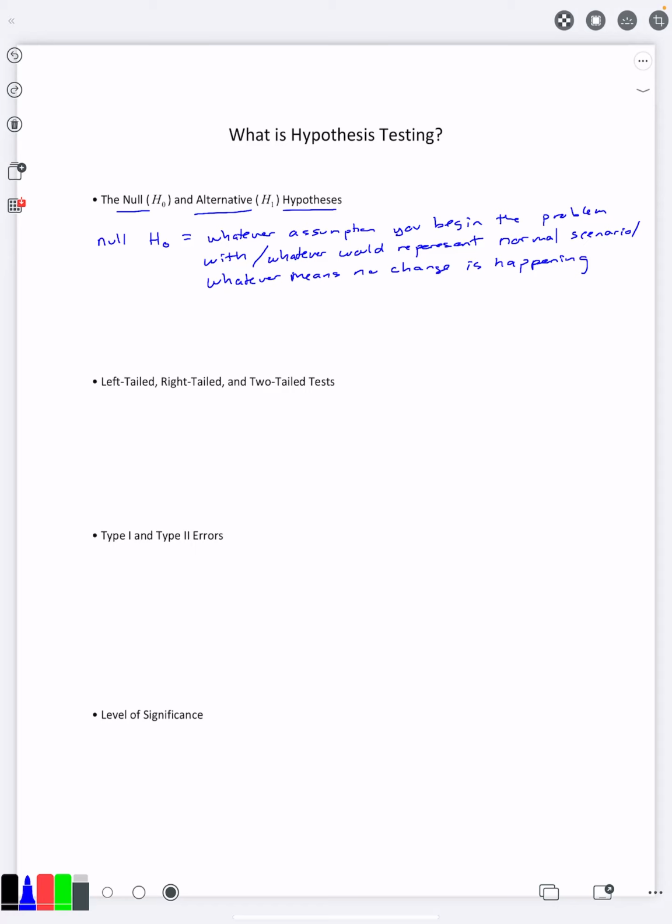It's when nothing's changing. Let's say you want to take a test to see whether you have a disease. Whatever disease you want to talk about, whether it's COVID or some other disease, there's going to be like the normal body functions, and then they're going to measure something about you, something in your blood or whatever other bodily fluids they take. They're going to measure that, and they're going to see whether it is in the normal body functions range or is it in the unusual body functions range. That means maybe you have the disease, right?